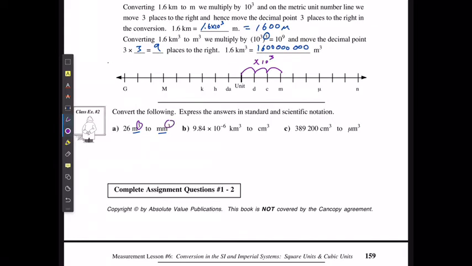If I'm doing it in cubic units, this is going to become 26 times 10 to the power of 3 to the power of 3, which is going to be the same as 26 times 10 to the power of 9, or 2,600,000,000, or in scientific notation, 2.6 times 10 to the power of 10.